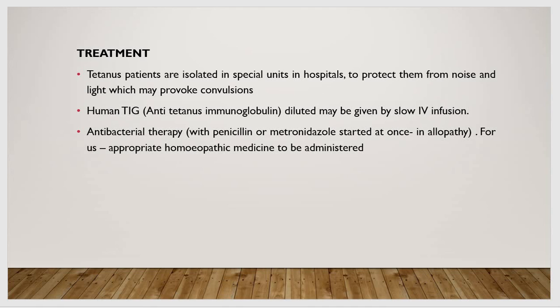So they are given isolated wards. Human TIG, anti-tetanus immunoglobulin diluted, may be given by slow IV infusion. Antibacterial therapy with penicillin or metronidazole is started at once in allopathy, but for us appropriate homeopathic medicine is to be administered.